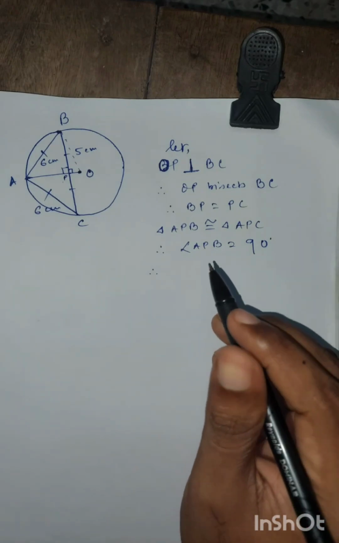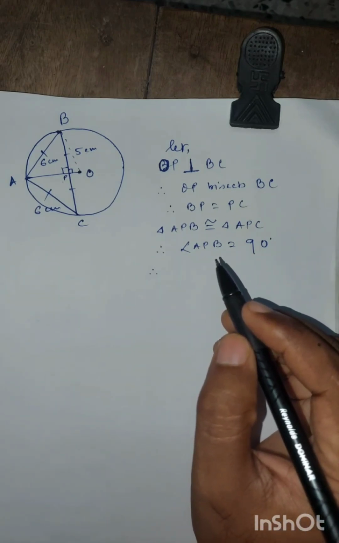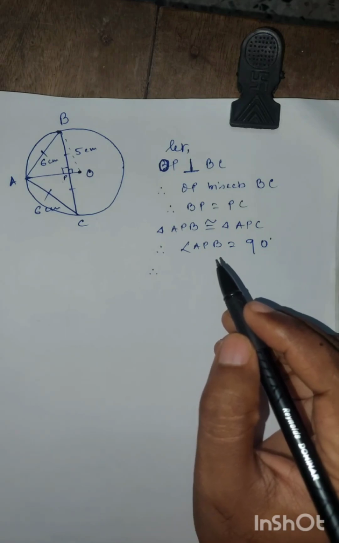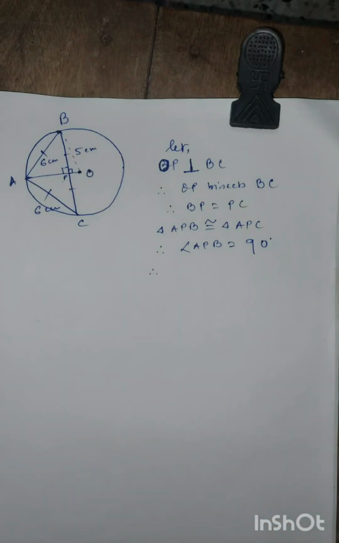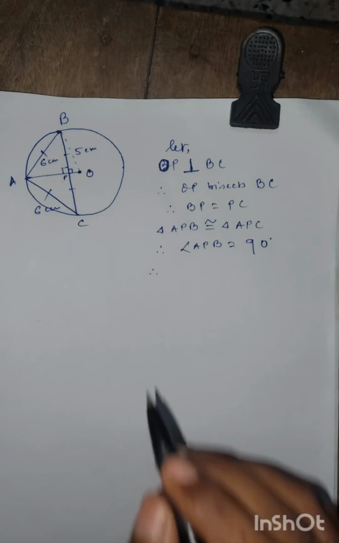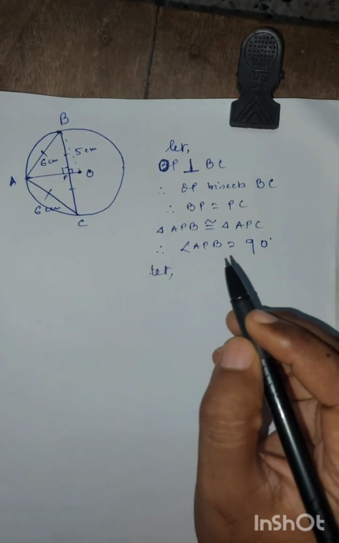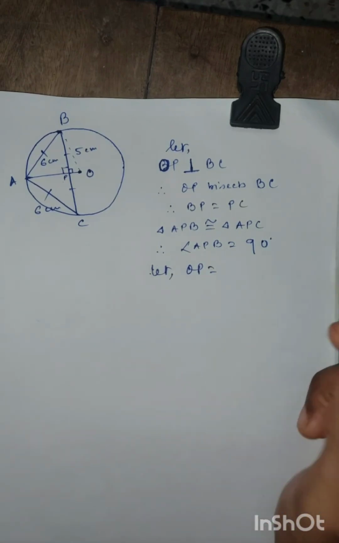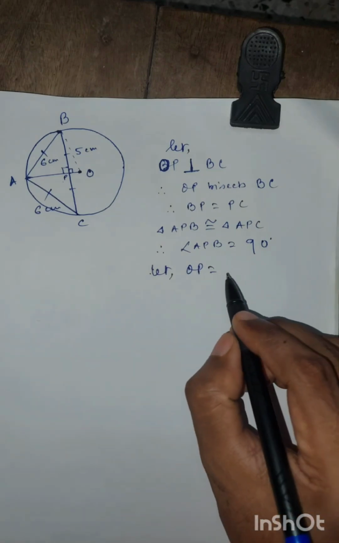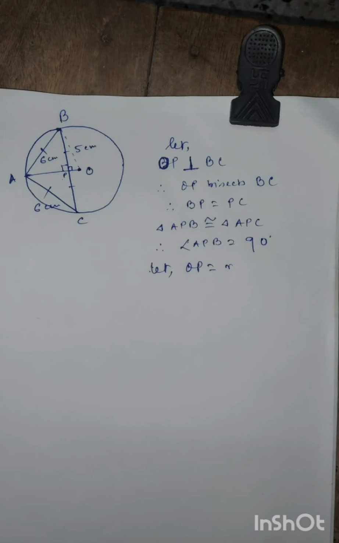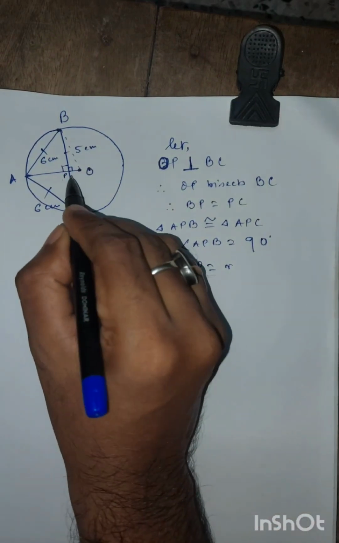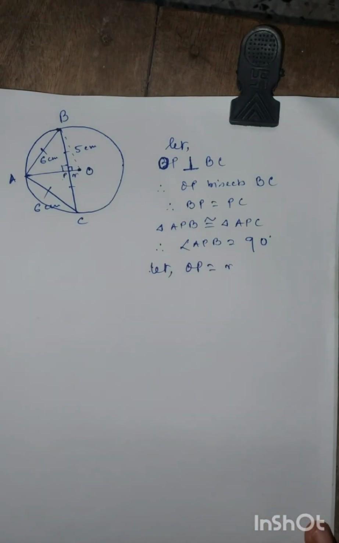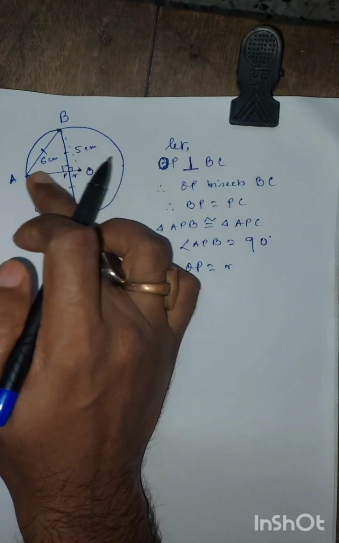Therefore, let us assume the length OP is equal to R. This part is R. Now OA is a radius.